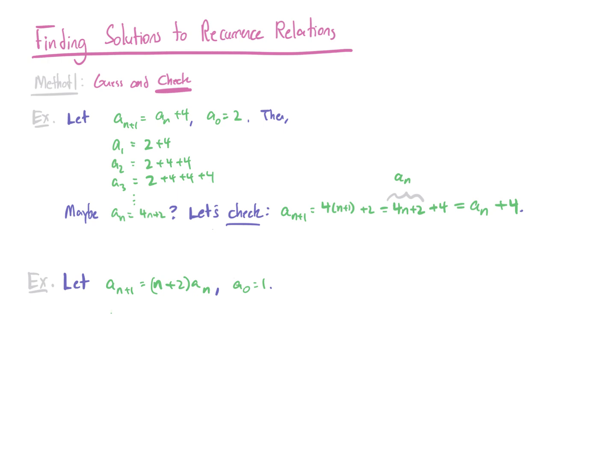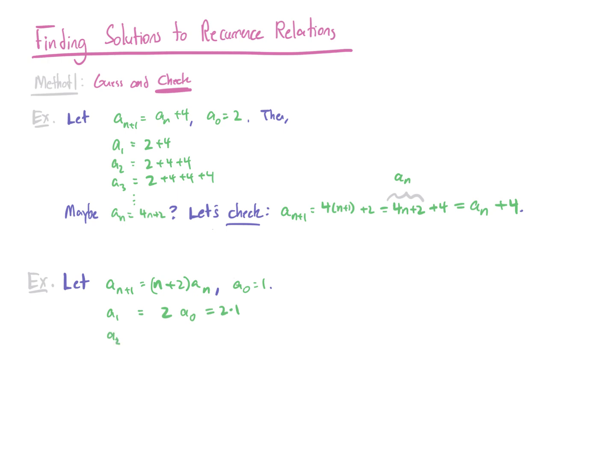So here, a sub 1, well, this is a little bit tricky, 1 here is n plus 1. So that means n itself must be equal to 0. So n plus 2 is 2. So we have a1 is equal to 2 times a0, which is equal to 2 times 1.